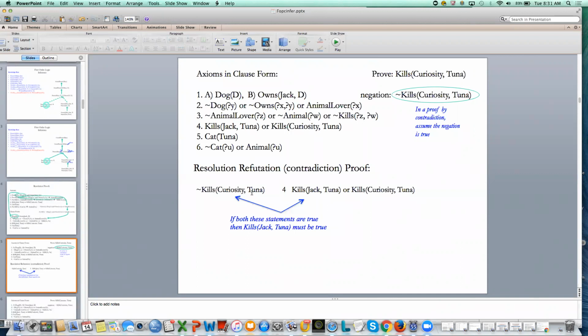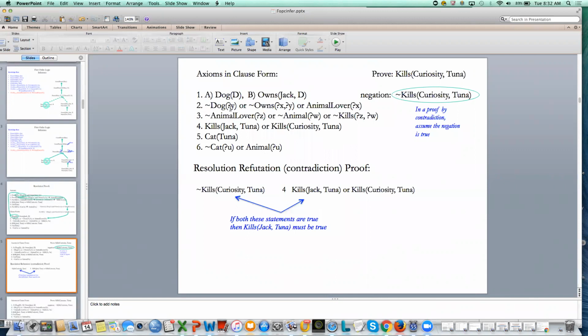Here are two statements that we have asserted are true. One is the negation of what we want to prove. This is an assumption. We're proving this is true, and we're inserting this into the axioms and then showing a contradiction. By the way, for this to work out, when you negate this statement and put it into the set of axioms, it needs to be the case that the set of axioms were consistent before the addition of that.